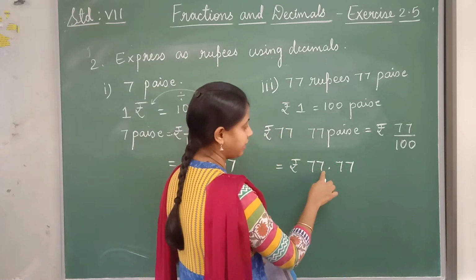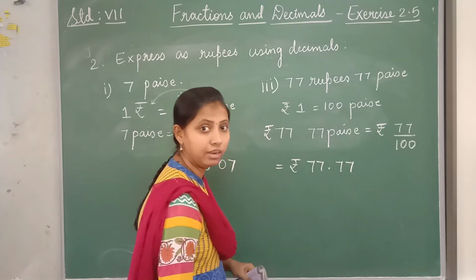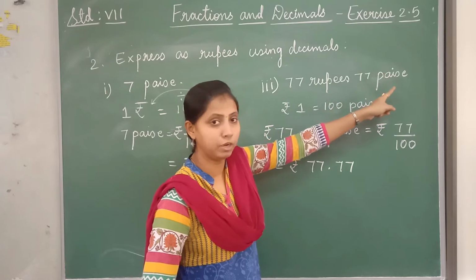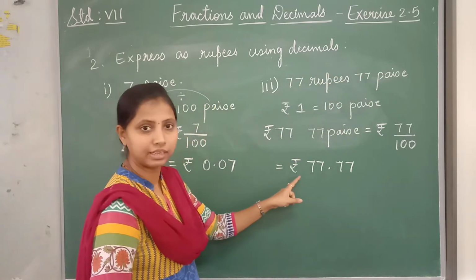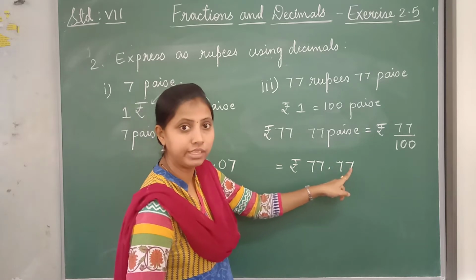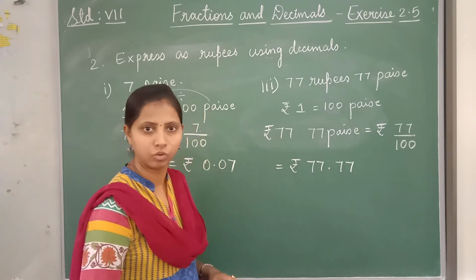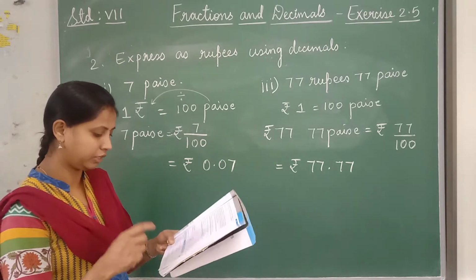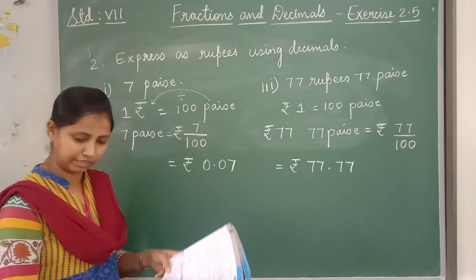So it is 77.77 rupees. 77 rupees 77 paise can be written in decimal form as rupees 77.77. Okay, children. So this is the way you have to convert into rupees using decimals.